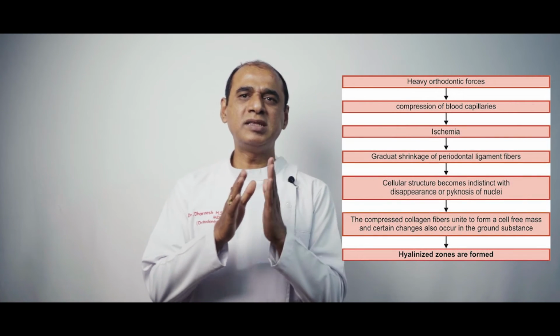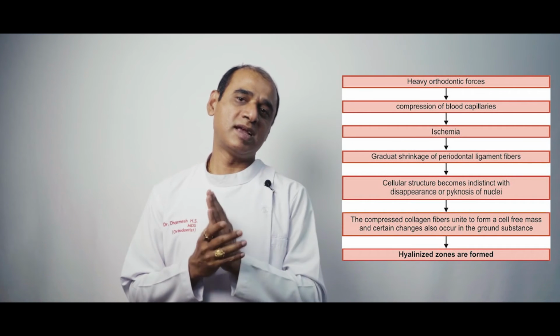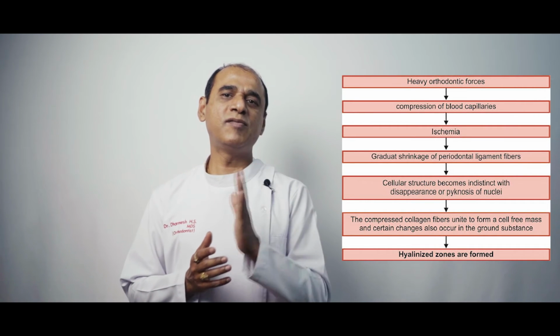The summary of tissue changes on pressure side. If you apply light force, there is compression of PDL, activation of first, second and third messengers, activation of osteoclast, resorption from periodontal side of alveolar bone, the action on adjacent lamina dura and the frontal resorption. The summary of tissue changes on pressure side, that is, if you use heavy force, what happens?